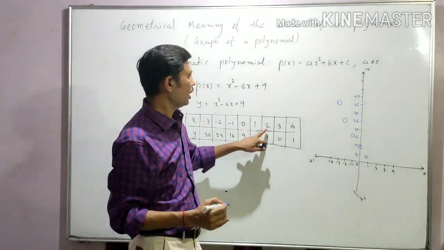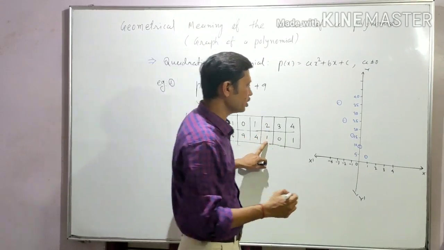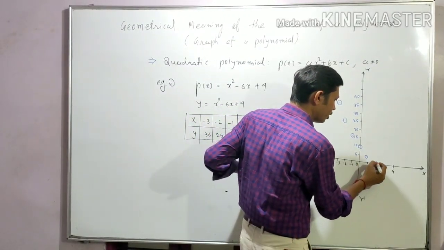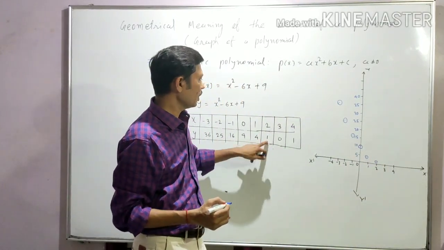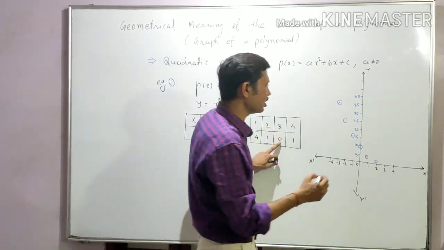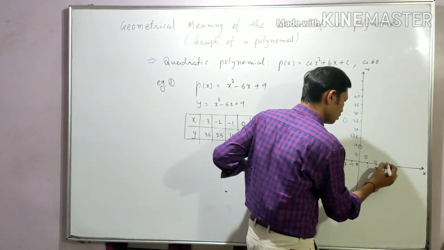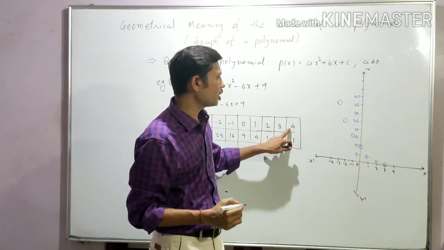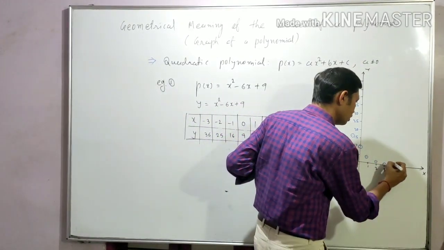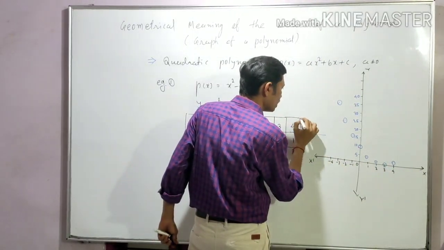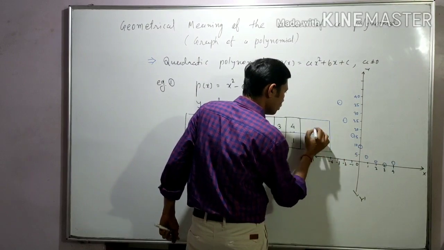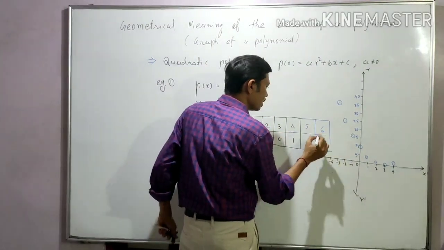X coordinate is 2, y coordinate is 1. Suppose it's like here. X coordinate is 3, y coordinate is 0. X coordinate is 4, y coordinate is 1. A little bit, 2-3 examples we are taking more, 5, 6.